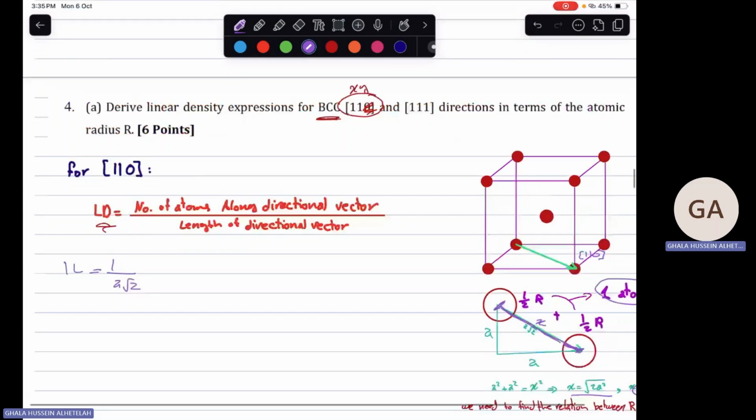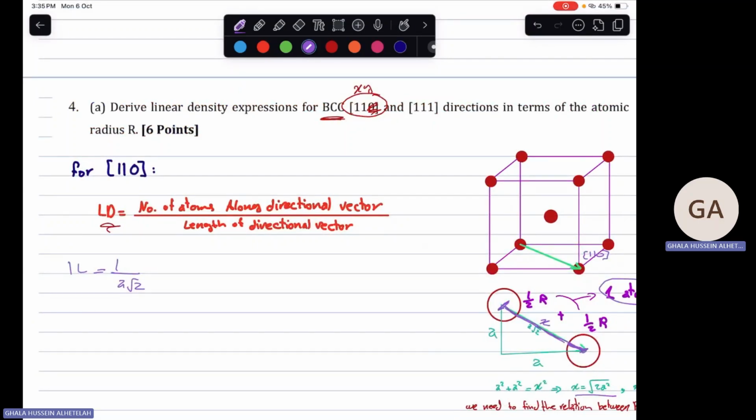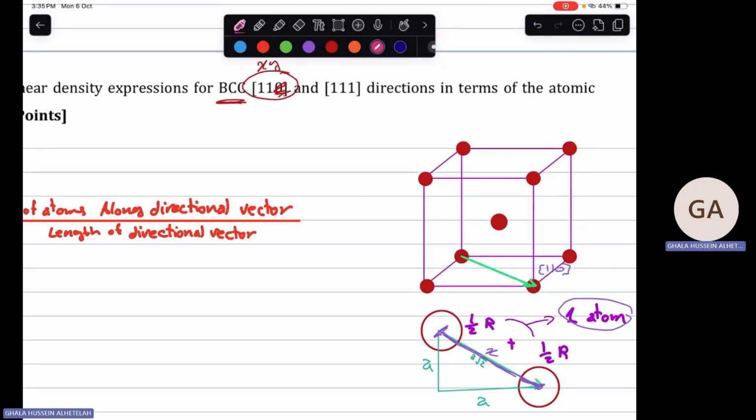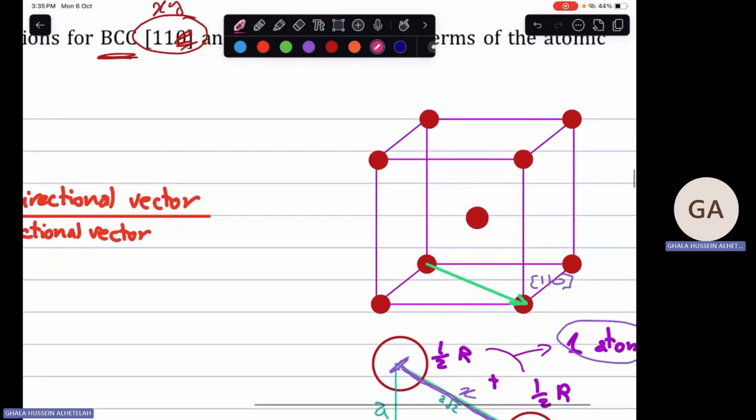Okay, he told us that he needs us to find it as an expression with r. So we have to find the relationship between r and a. How can we do it? We can do it by using this diagonal from this atom to this atom, crossing the atom in the center.